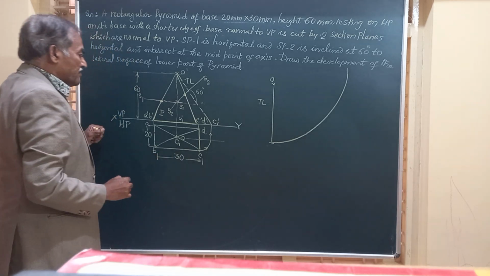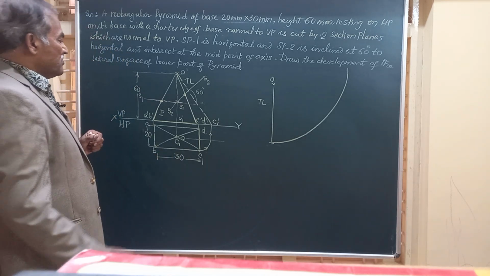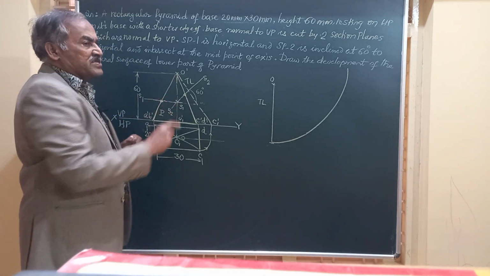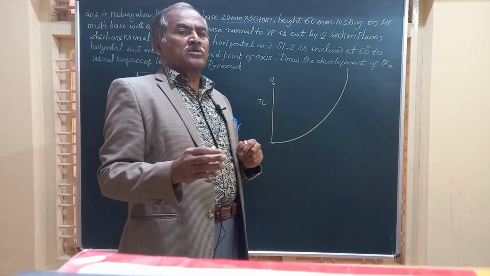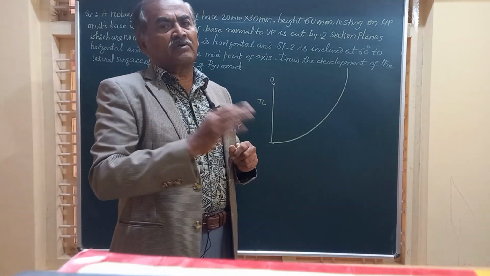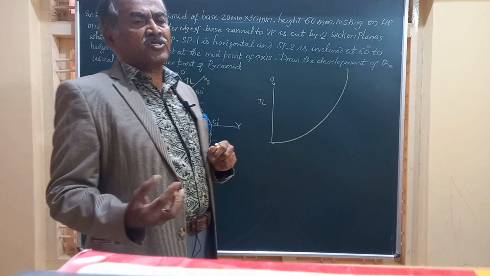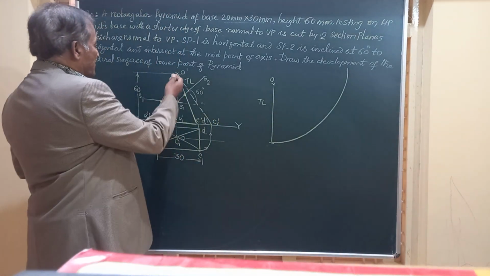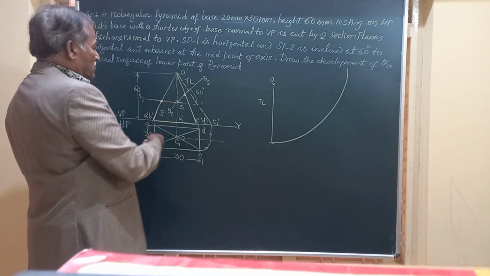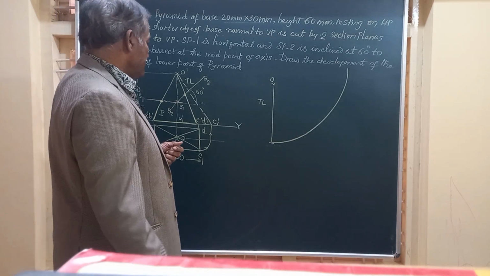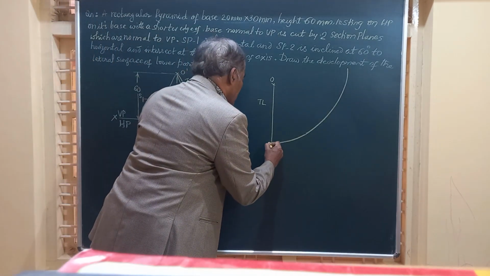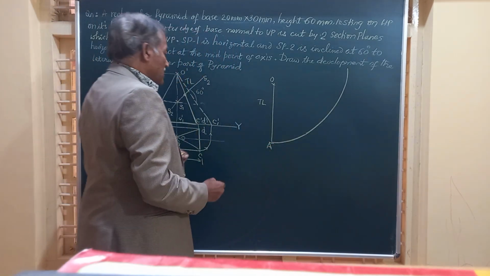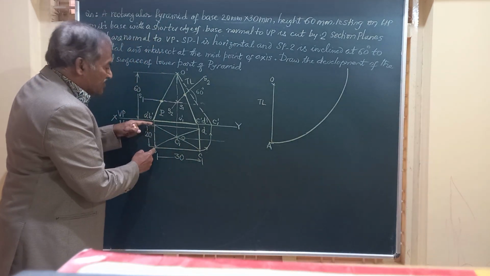So in the development, if you observe, none of these slant edges are totally removed from the solid, and hence you can start the development either from OA or OB or OC or OD. Say I am starting from OA. After A comes B, that's AB is 20.